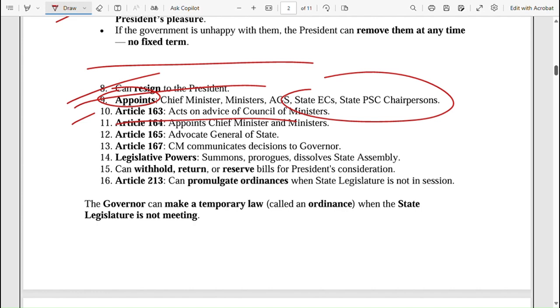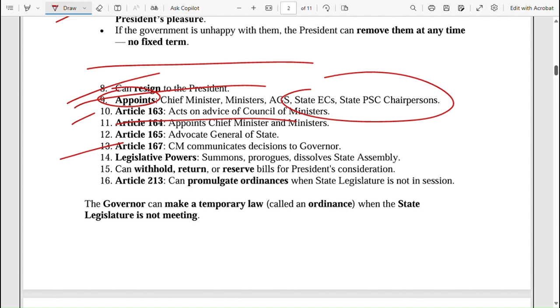Just as in Article 78 the council of ministers should communicate with the president, similarly in Article 167 the chief minister of a state has to communicate with the governor. This keeps on happening every time.